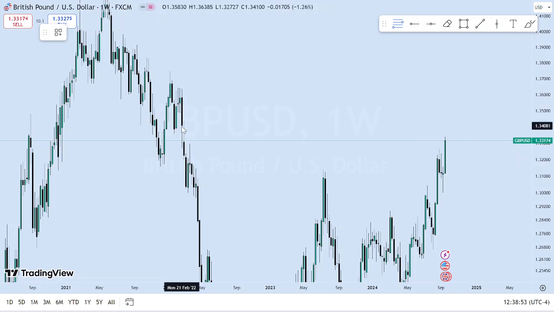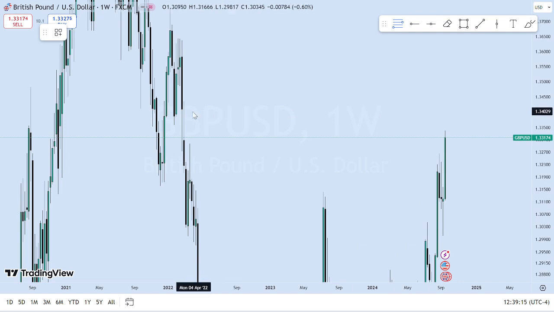So you are measuring from where the body of this candle closes, to the open of this candle body here, not the wick, the body where it stops and the body where it opens. So you can see it well. This candle 21st February and this candle 21st February.